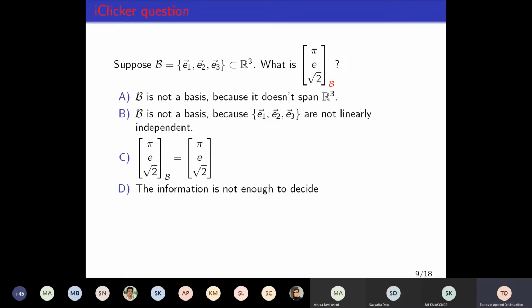These are the questions, right? So is it correct that B is not a basis because it does not span R3? Or that B is not a basis because e1, e2, e3 are not linearly independent, and with respect to this basis, which is this basis.